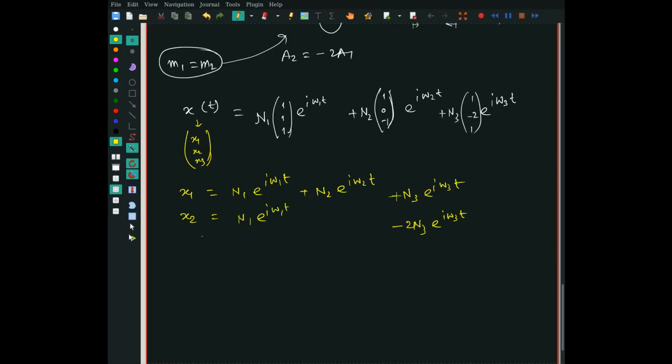There is no n2 here, and x3 will be given by n1 e to the power i omega 1t minus n2 e to the power i omega 2t plus n3 e to the power i omega 3t.